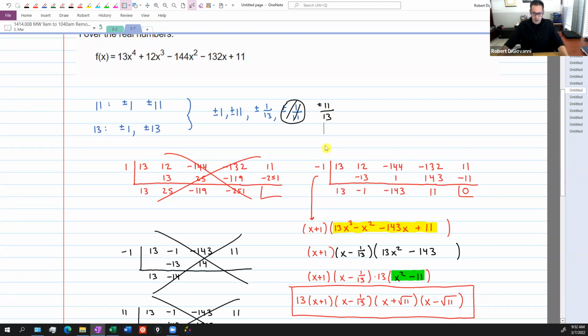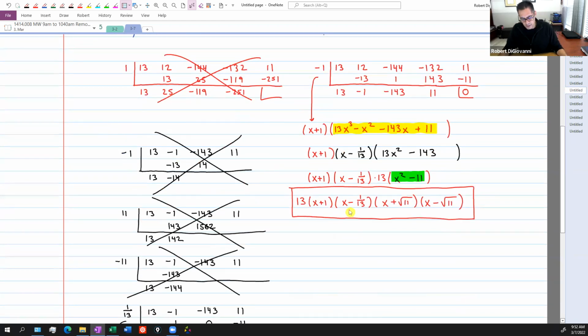Okay, what else do I want to say about this? Right here, I noticed something. This in the box, that's done. It's factored, but the online system might show you a different correct answer. They may take that 13 and multiply it into this parentheses. And you can see why.